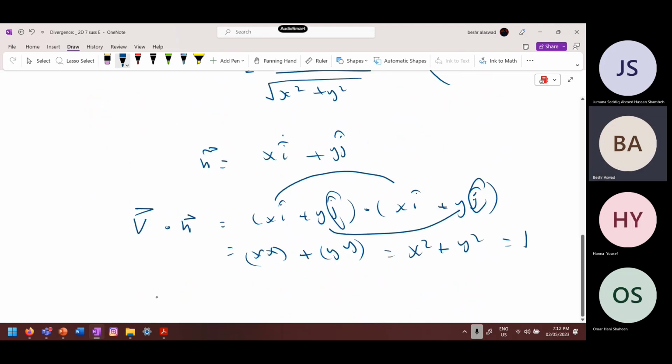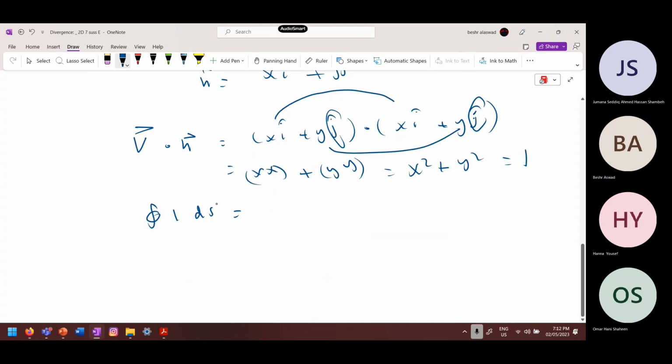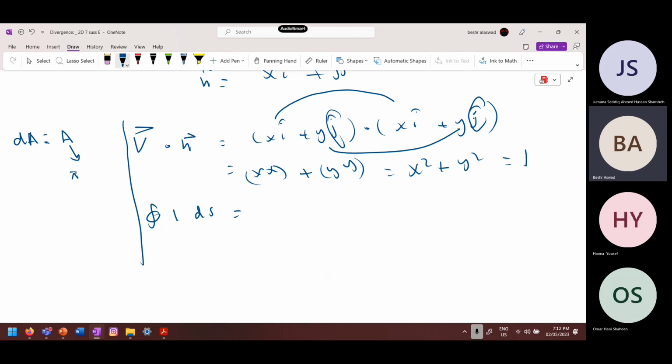Okay, so now substitute in the line integration. Line integration of 1 ds. Okay, now how to solve this? ds, see, there are many methods to solve this in mathematics. Personally, I suggest a simple approach that needs a tiny bit of memorizing. dA, when we're using polar, after integration it's A, and A can stand for pi r squared.